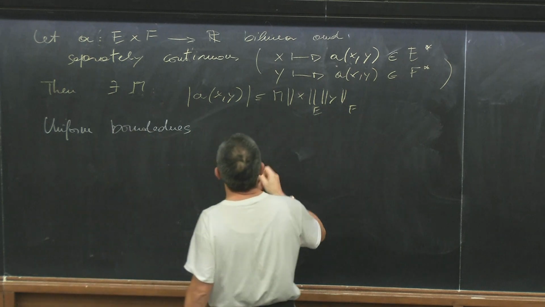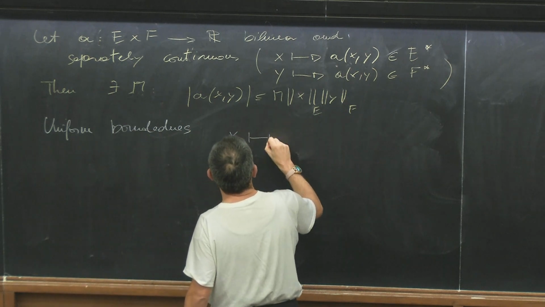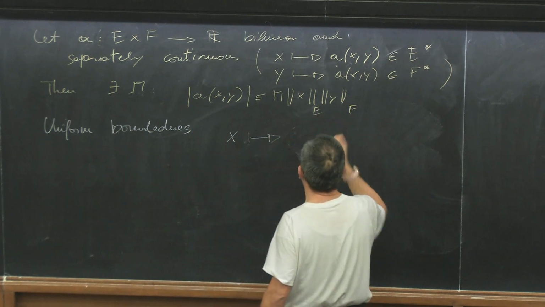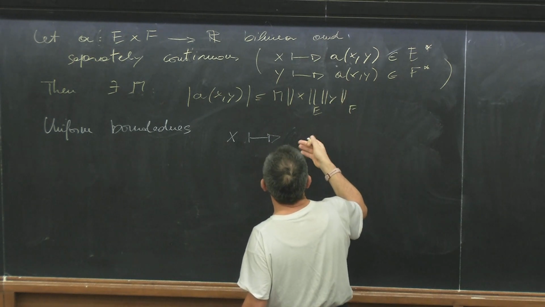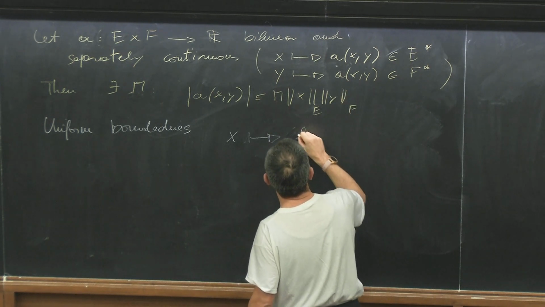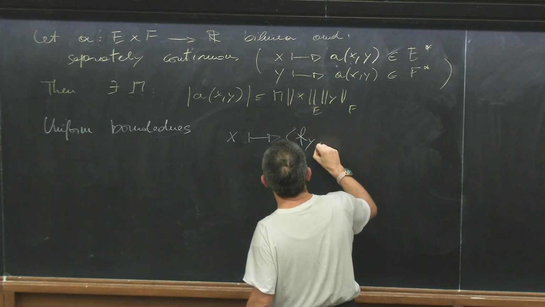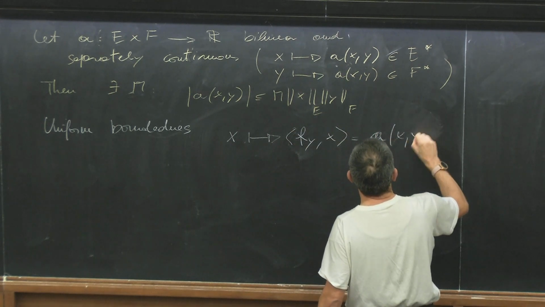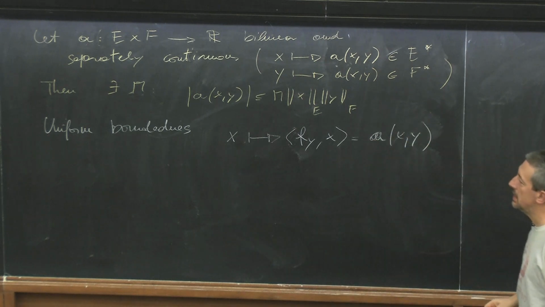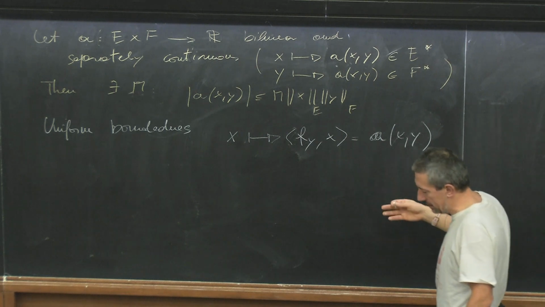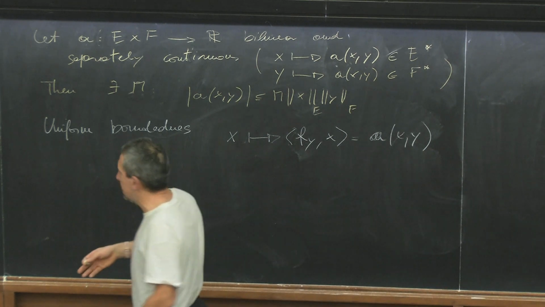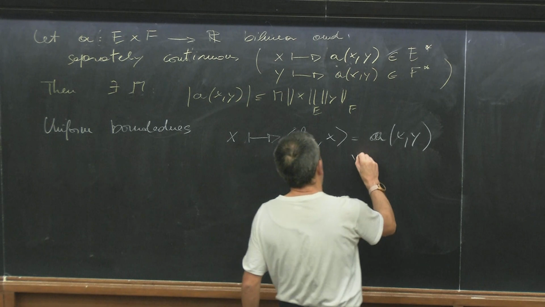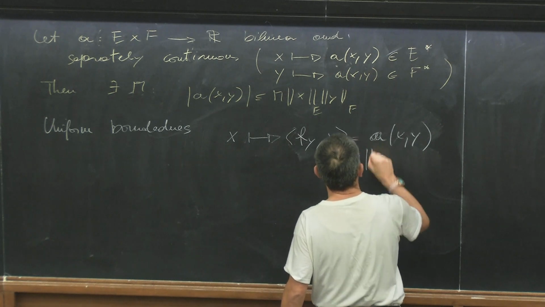So you apply it to the map that sends x to the linear functional F_y(x), which is equal to A(x, y). Now you take y, for example, with norm of y less than 1.